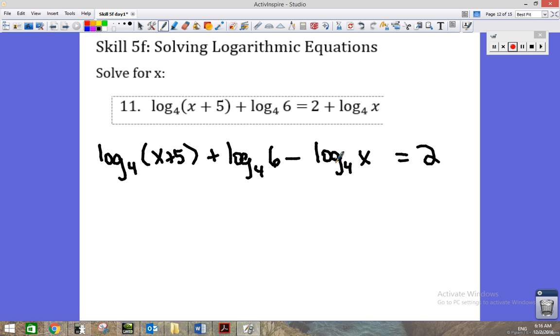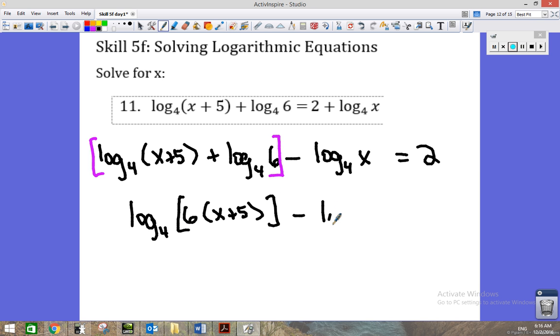So now I can write this string of logarithms as a single logarithm. If I go from left to right, this sum right here, I can write as a single logarithm using the product rule: log base 4 of 6 times x plus 5. And then I have minus log base 4 of x.